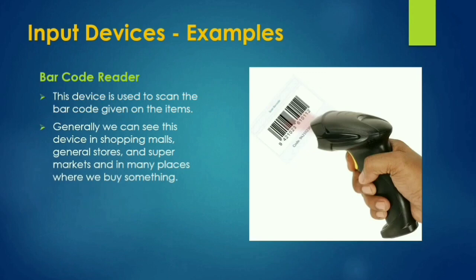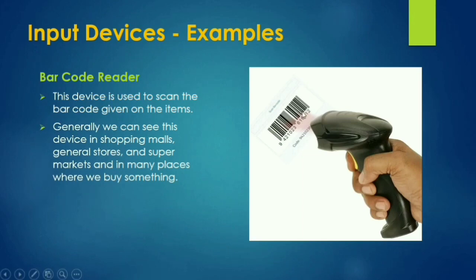One more example for input device is barcode reader. Yes, we have seen this many times, but we may not know that's an input device. This device is used to scan the barcode given on the items. Generally, we can see this device in shopping malls, general stores and supermarkets and in many places where we buy goods or something else.